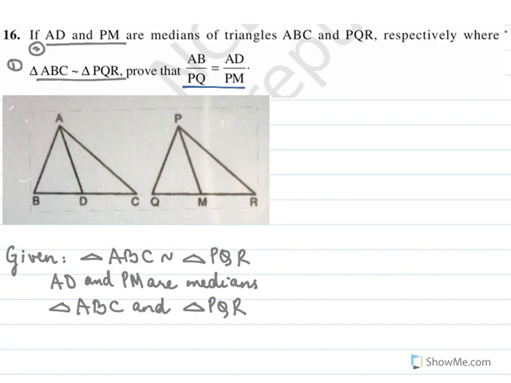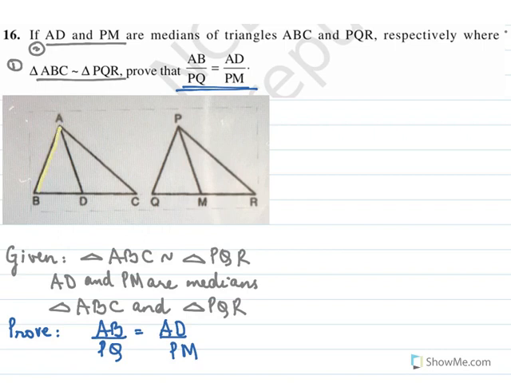Now this is what we need to prove: AB over PQ is equal to AD over PM.